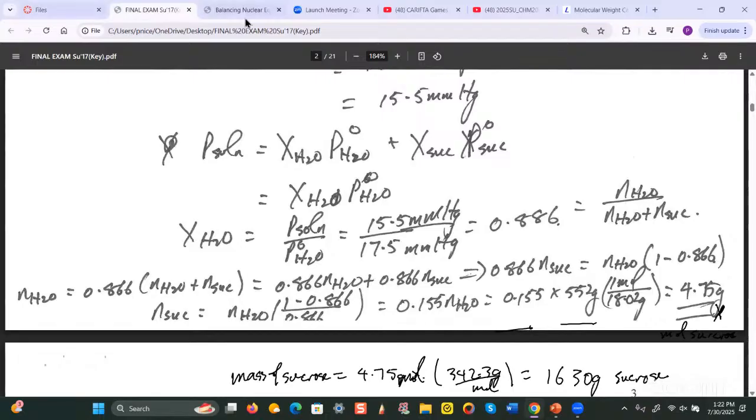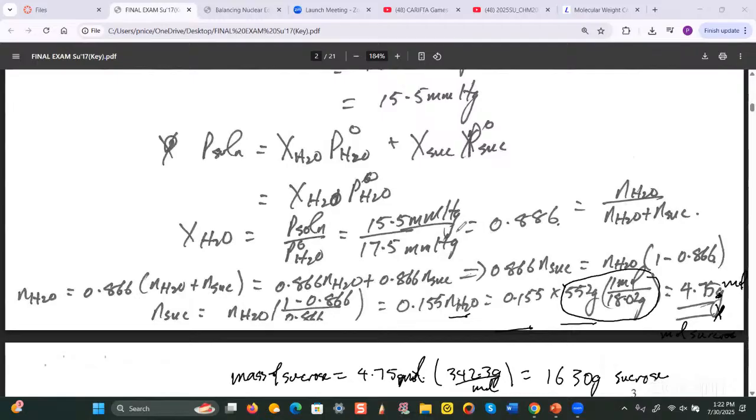So first we solve for moles of water, exactly right here. And then we multiply, because remember, it's 0.155 times the number of moles of water. We multiply by 0.155, and that gives us the moles of sucrose. Then we multiply the moles of sucrose by the molar mass, and that gives us the grams.